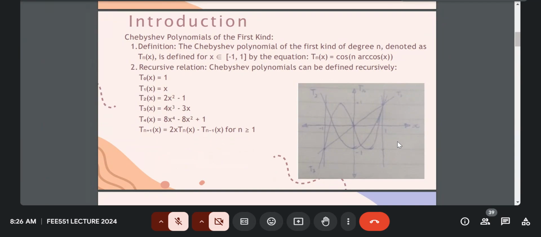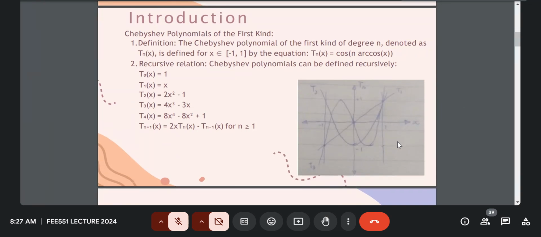So the Chebyshev polynomial of the first kind is denoted by Tn(x), and it is within a range of -1 to 1, and Tn(x) is cos(n cos inverse of x), as shown there. And the Chebyshev polynomial can be defined recursively.